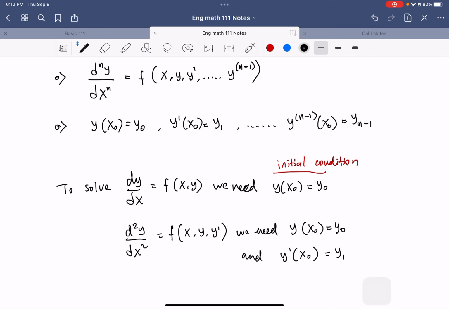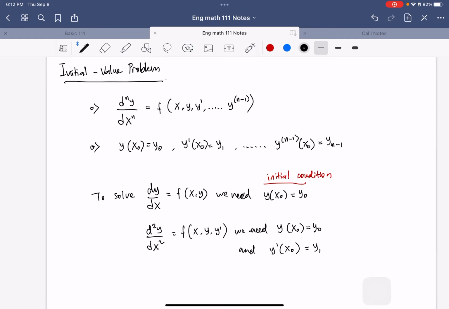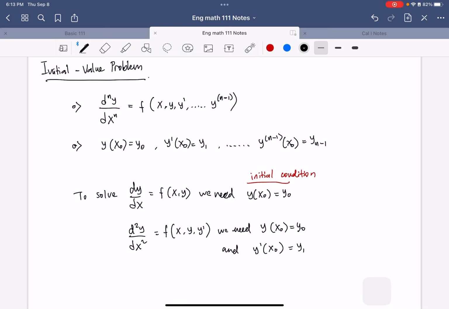And you will see in the exercise they will give you directly, like if this is the first order, you will be given one initial condition. That's the initial value problem, and I think we don't really need an example.